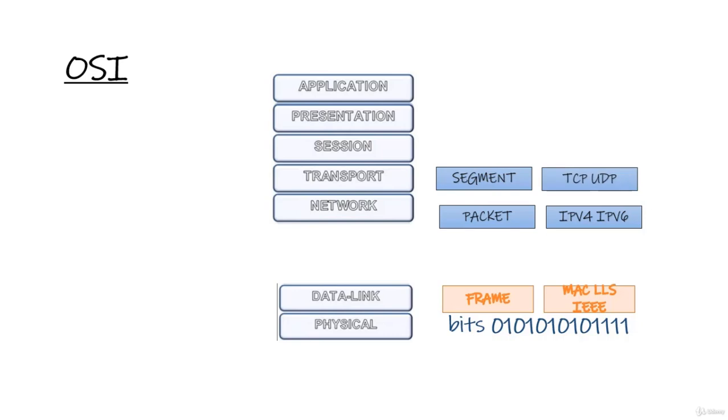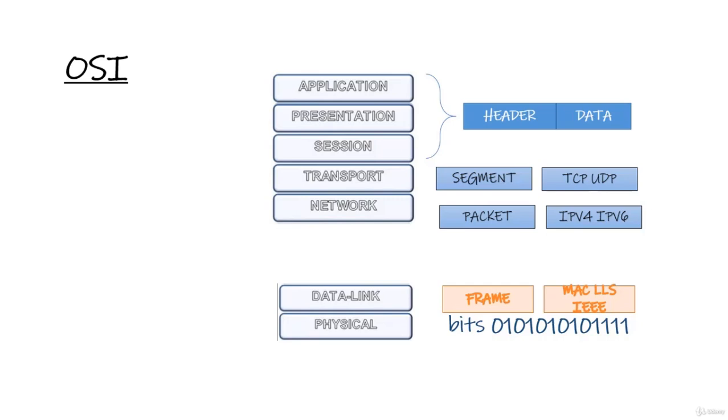The types of segments we use here are TCP and UDP, and we're going to speak a bit about this later on. Application, presentation, and session layers we are not going to focus on too much in this series, because they're more related to programmers, not to networking and security people.